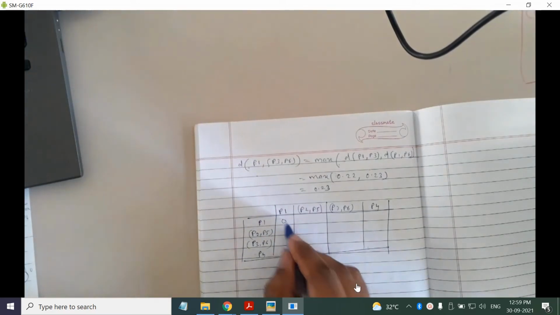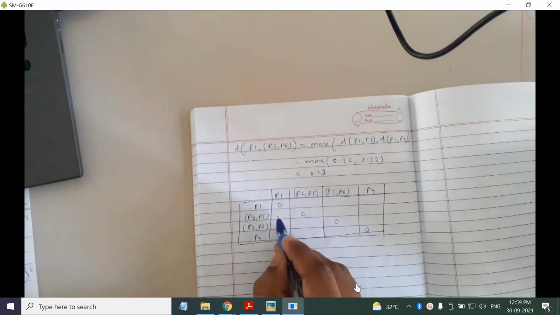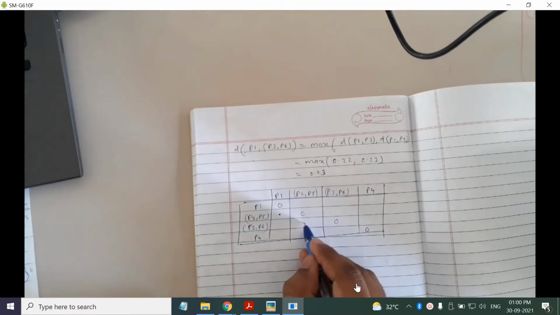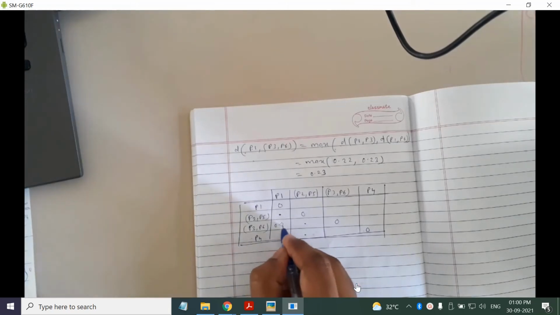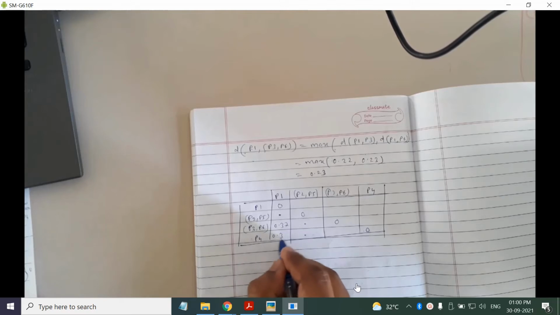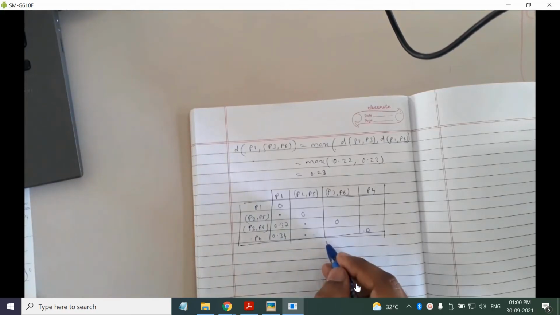Now some distances will remain the same. This P2 P5 row is introduced, so you have to calculate this distance and this distance. Other things will remain as they are. So write them as they are: 0.37, 0.34, and 0.37.